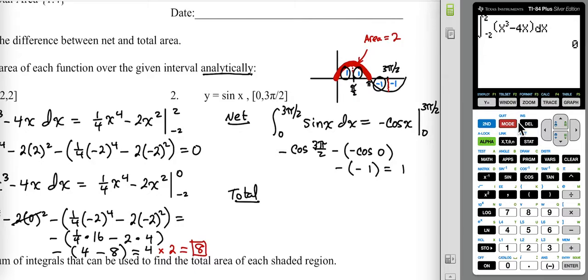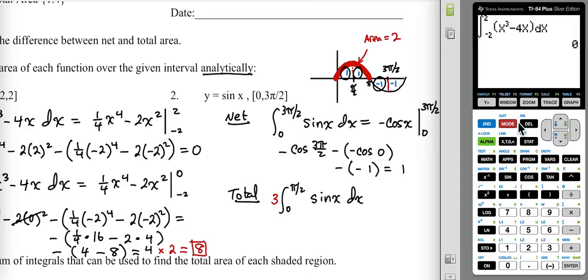Now for the total, what I would have to do, if I'm doing it analytically, is account for either symmetry or just add up all the individual pieces. If I want the total area, really what I'm doing is taking the area going from 0 to pi over 2 of sine of x dx, and because I have 3 equivalent areas, I could just take that and multiply it by 3.